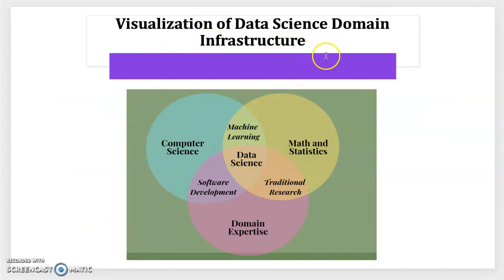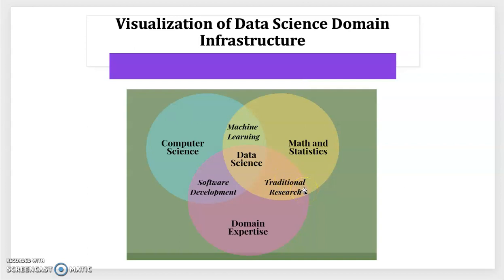Visualization of data science domain infrastructure. This picture best describes how data science came from across the multidisciplinary field. We can see we have the computer science knowledge. We have concepts from mathematics and statistics.